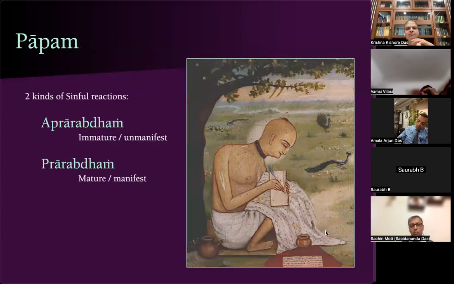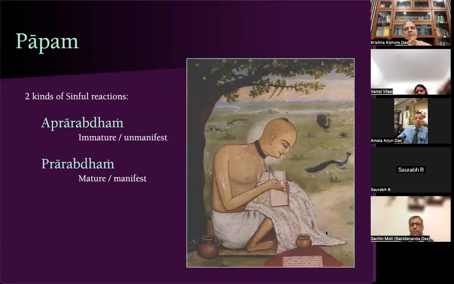Now these reactions are of two types: aprarabdham and prarabdham. Aprarabdham means those reactions which are still unmanifest, and prarabdha means which are manifest. Like in this life, we got a set of parents, we got a set of relatives, we got a body, we got some skills, we got some limitations, we got some diseases.